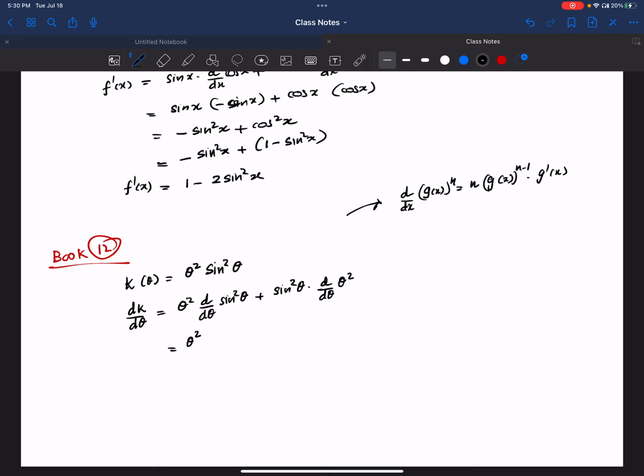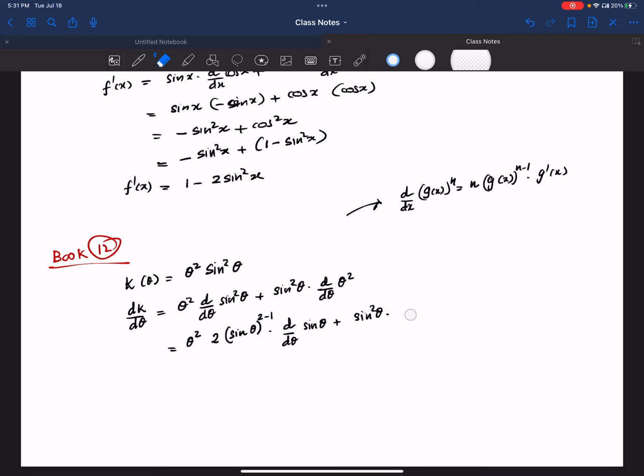So here in this case, g of theta is actually sine theta, so you can write 2 times sine theta to the power 2 minus 1 times d over d theta sine theta plus sine squared theta times d over d theta theta squared.